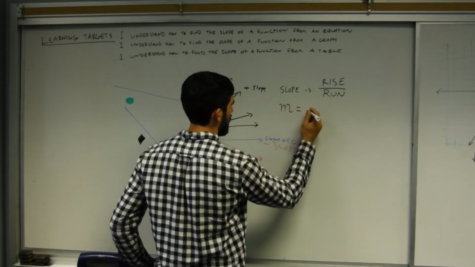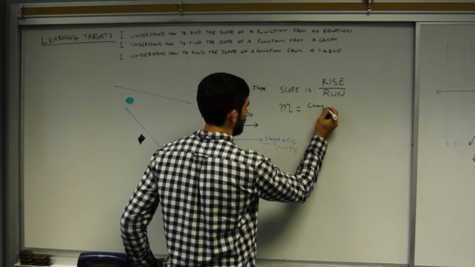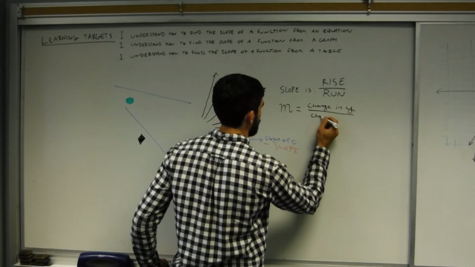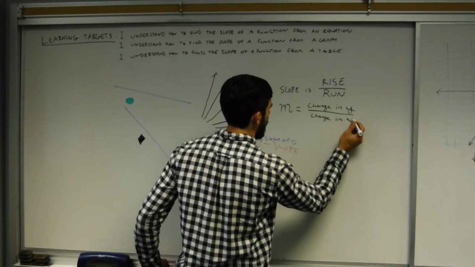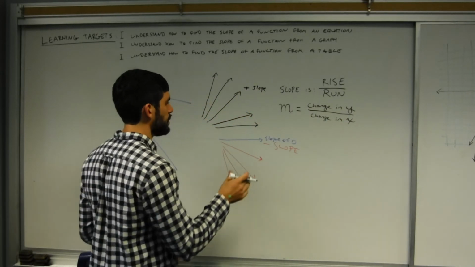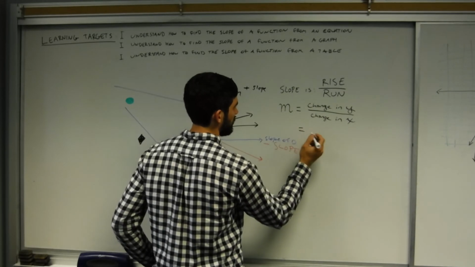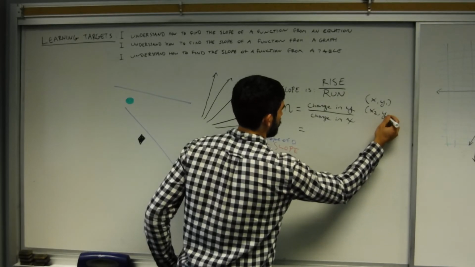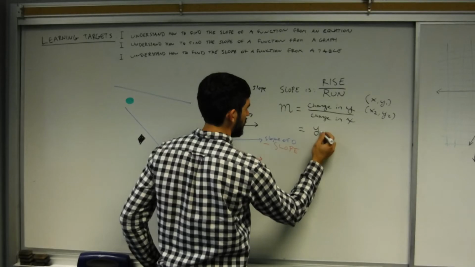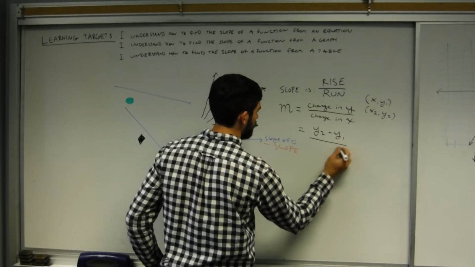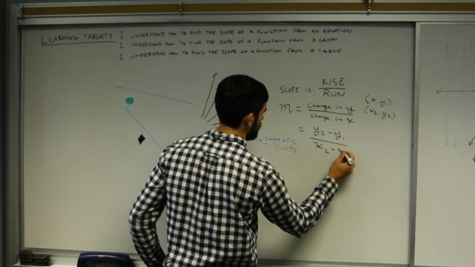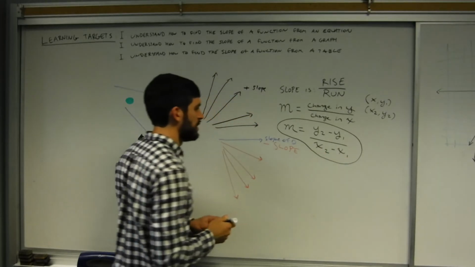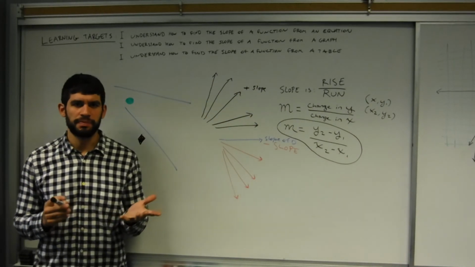Our equation for rise over run is change in y over change in x, which we can write for any 2 points. For the points x1, y1 and x2, y2, slope is y2 minus y1 divided by x2 minus x1. This is probably the formula we'll use the most to determine slope.